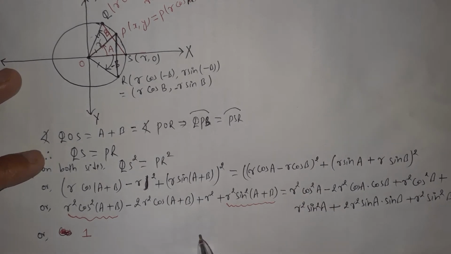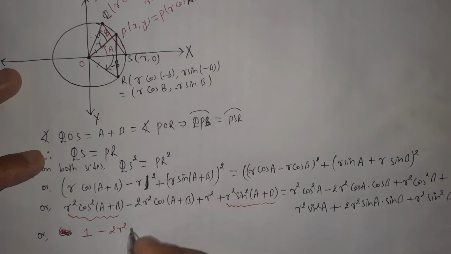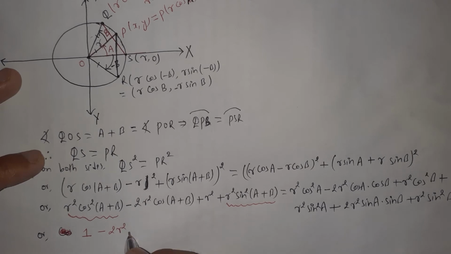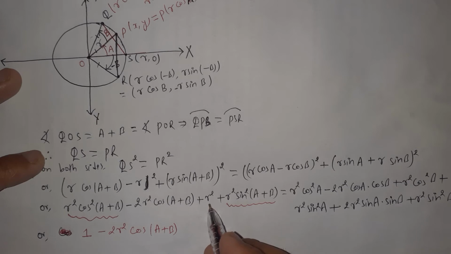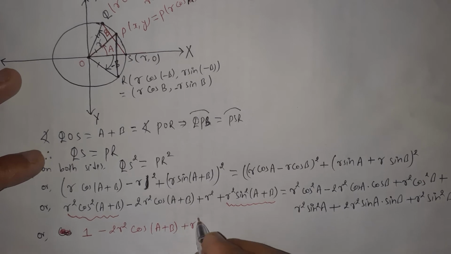This is 1, and then minus 2 r squared cosine of A plus B remains on the left hand side. The other thing here is that r squared is also present here.